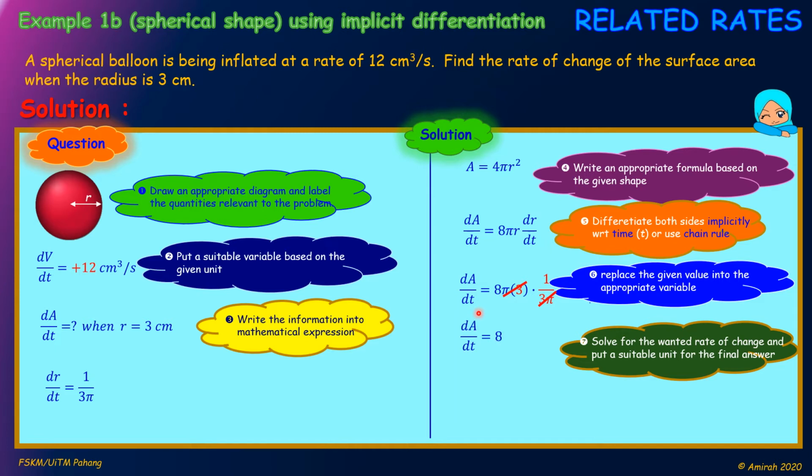After we simplify, we have dA over dt equals 8.